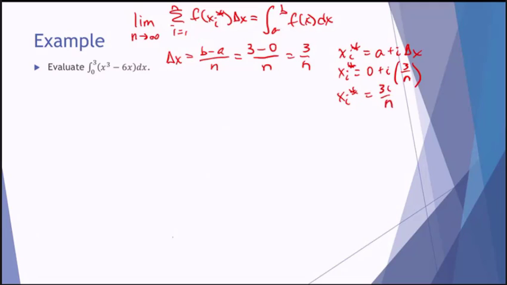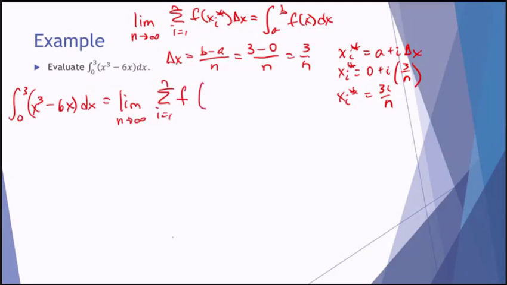Okay, so our integral from 0 to 3 of x cubed minus 6x dx becomes the limit as n approaches infinity of the sum from i equals 1 to n. We're going to have our function evaluated at 3i over n, because that's our x sub i star, times our delta x, which is 3 over n.